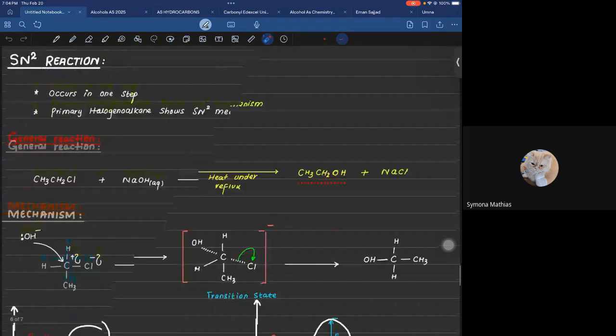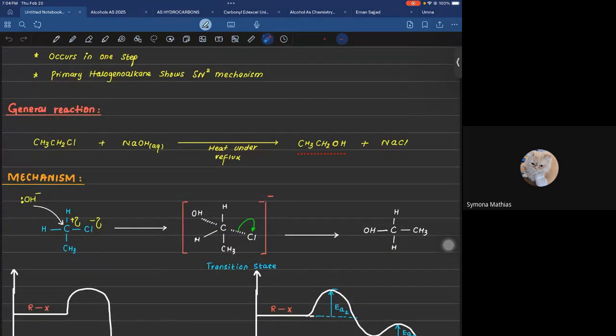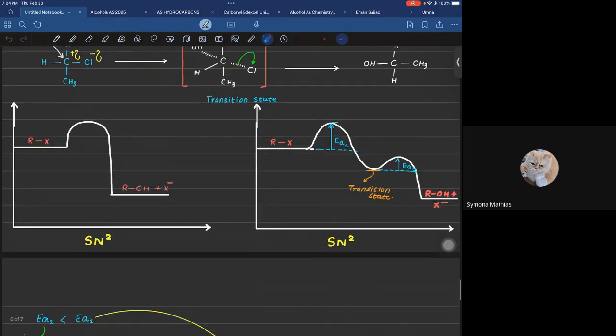Okay. I also told you regarding the transition state, what the transition state is. The transition state is highly unstable, because in this state carbon has made five bonds. That's impossible. Carbon cannot make more than four bonds. And we also did two graphical representations, in which the first graph shows the SN2 mechanism and the second graph shows the SN1 mechanism.